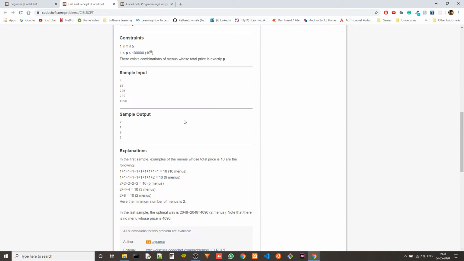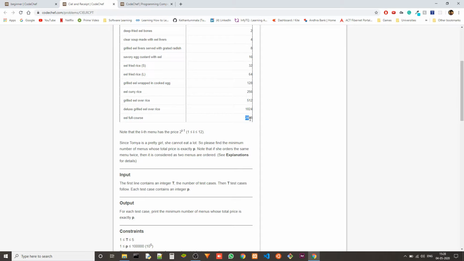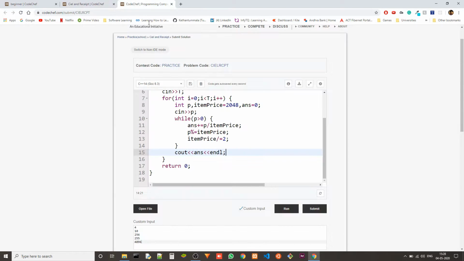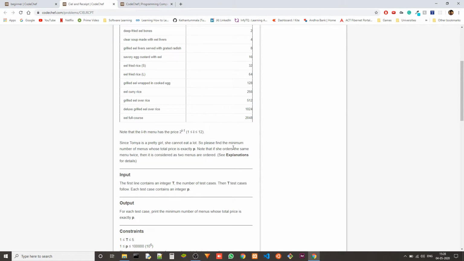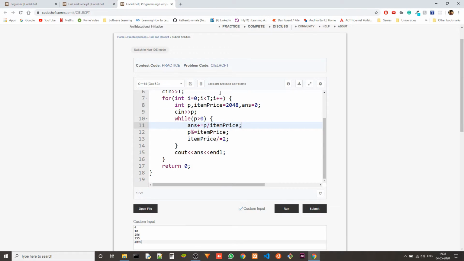What we are essentially doing is starting at the maximum price, which is 2048. So we initialized item price as 2048. If the given price is greater than the current item price, then we divide it.